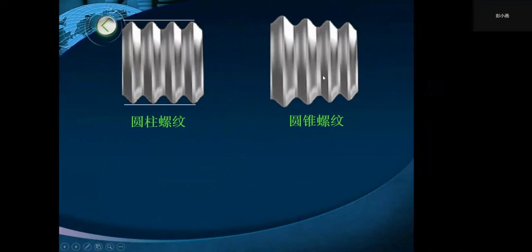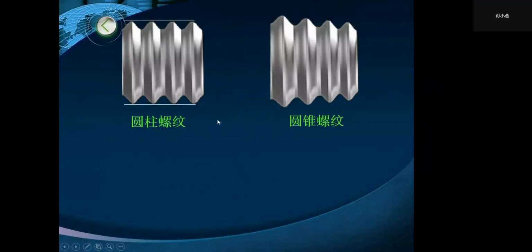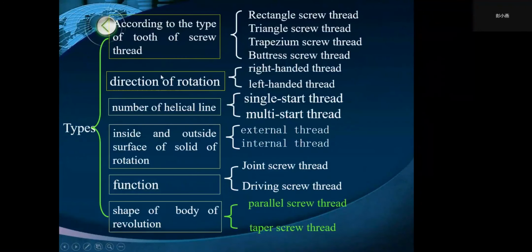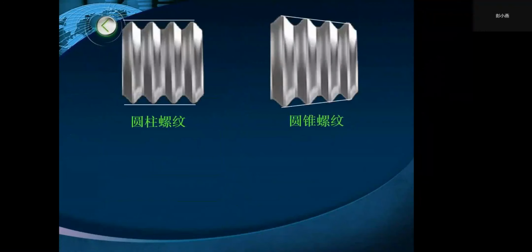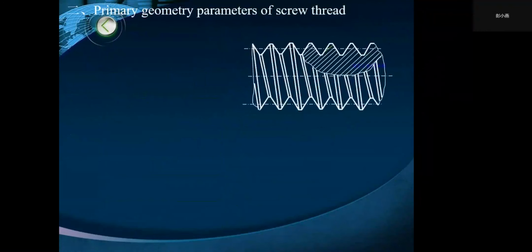Screw threads also can be divided into fine threads and coarse threads. Okay, so these are the types of screw thread. We have learned about the classification of threads.